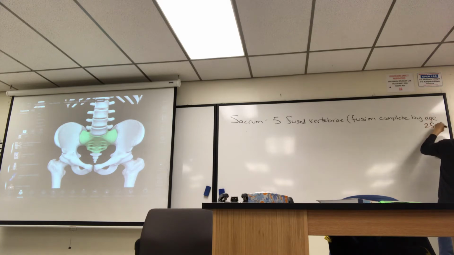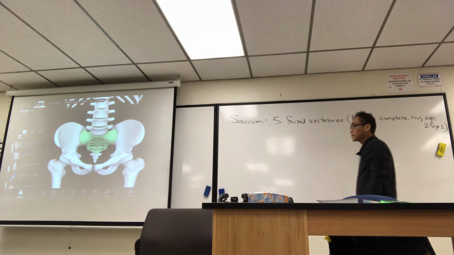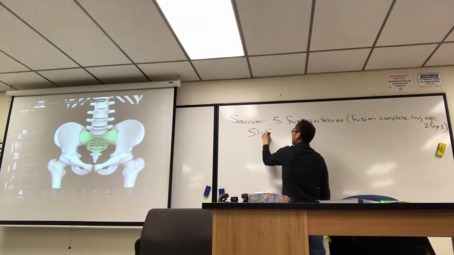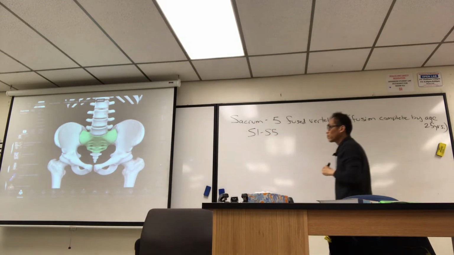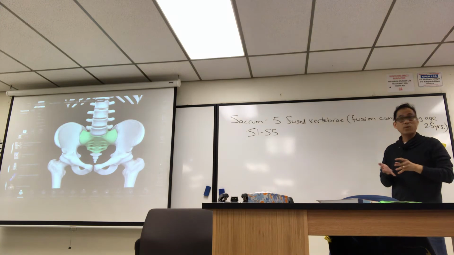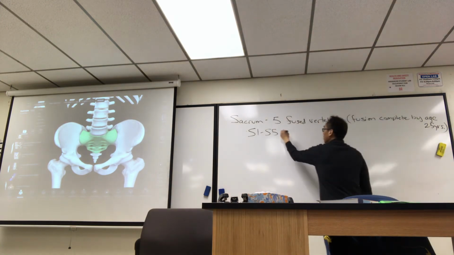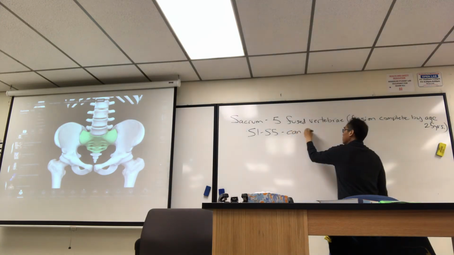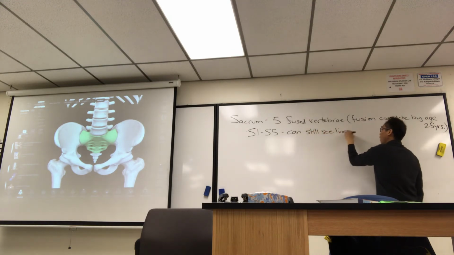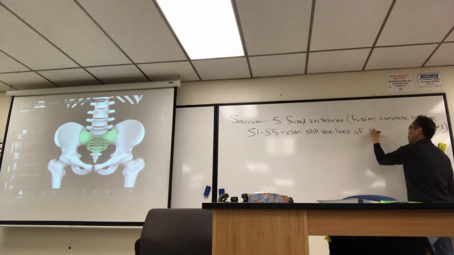I'll say 25. We still refer to them as S1 to S5, because you can even see the lines of fusion where you would have S1 to S5.